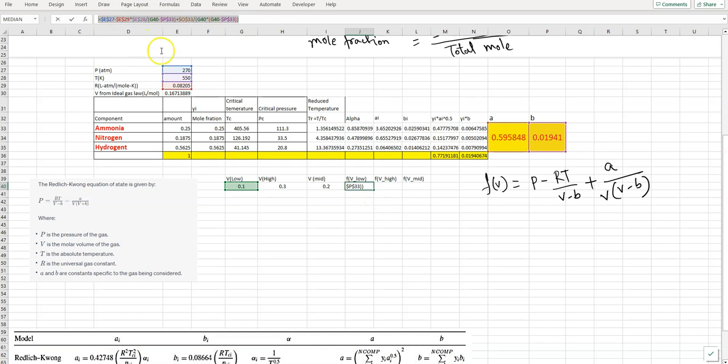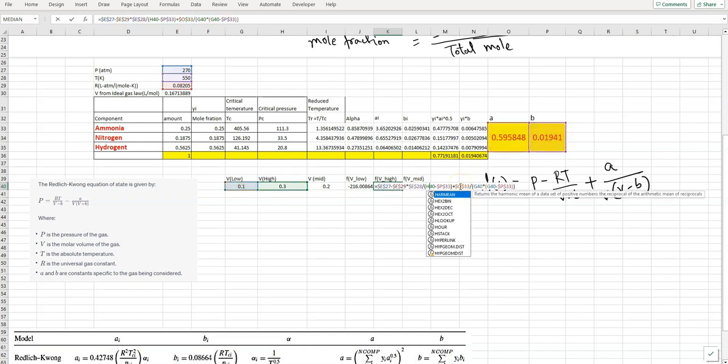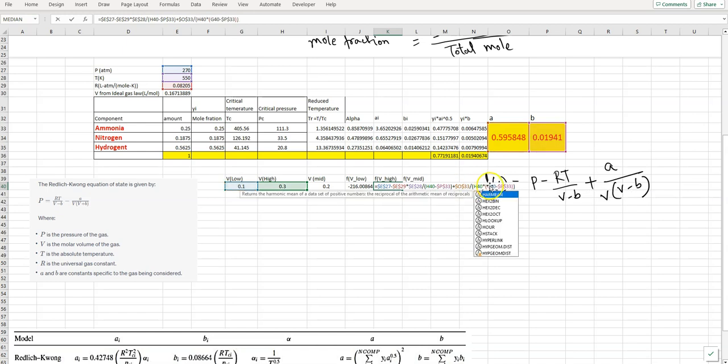Paste it here, and you can see we have to change this to e here, g is changed to h, and that is changed to h.